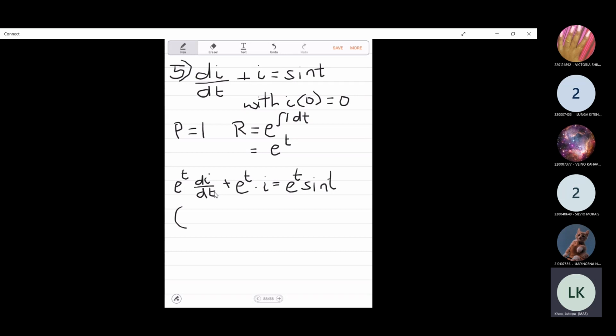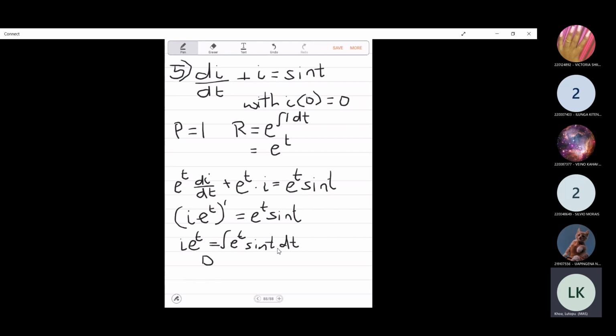So this is I multiplied by e to the power of t, all prime, which is e to the power of t sine t. To get rid of the prime here, we integrate on both sides. So we have I times e to the power of t is the integral of e to the power of t sine t dt. And to integrate this, we use integration by parts.